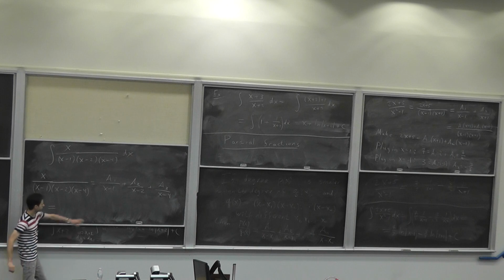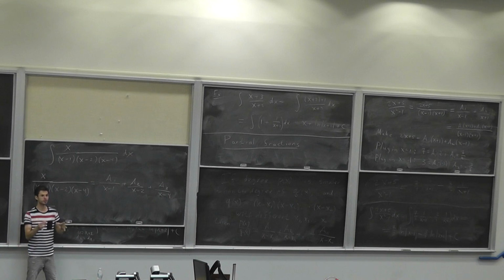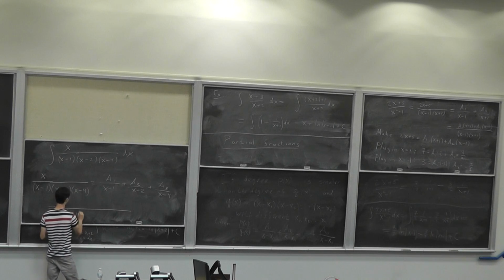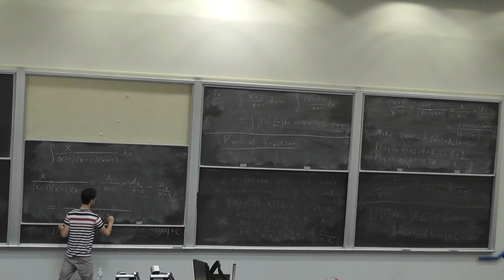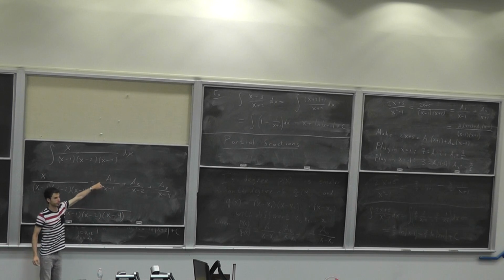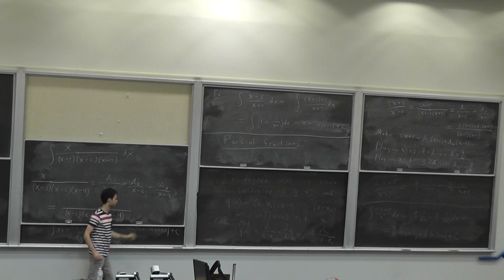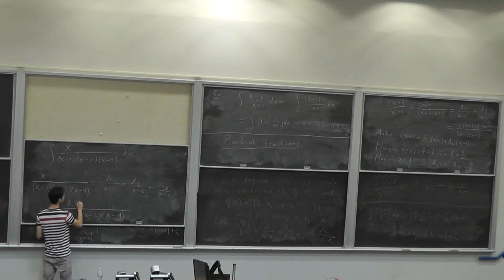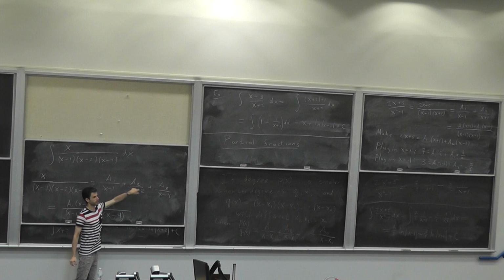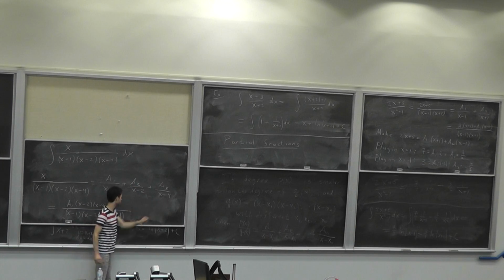So let's take this expression and bring everything to the common denominator. We have to multiply this fraction by x minus 2, x minus 4, which gives me A1 times x minus 2, x minus 4. Multiply this fraction by x minus 1, x minus 4.